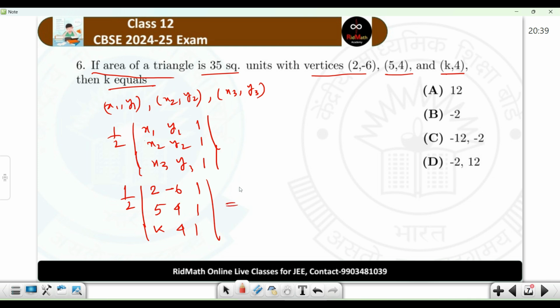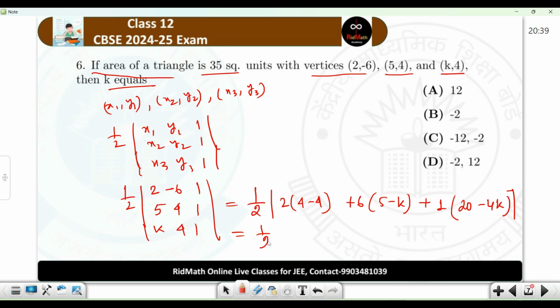Okay, so this determinant: half of mod of 2 into (4 minus 4) and minus and -6, that means plus 6. This is (5 minus k) plus 1 into (20 minus 4k), mod.